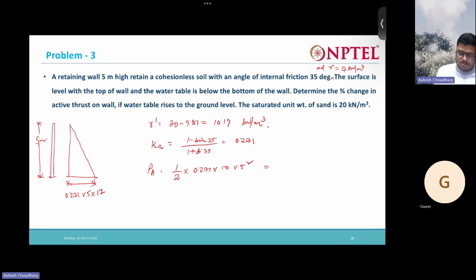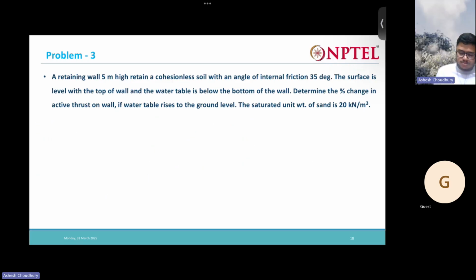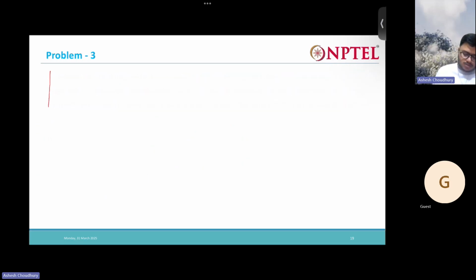X square is going to come out as 57. Now, if the water table rises to the ground, then you are going to have two triangles. Directed thrust.